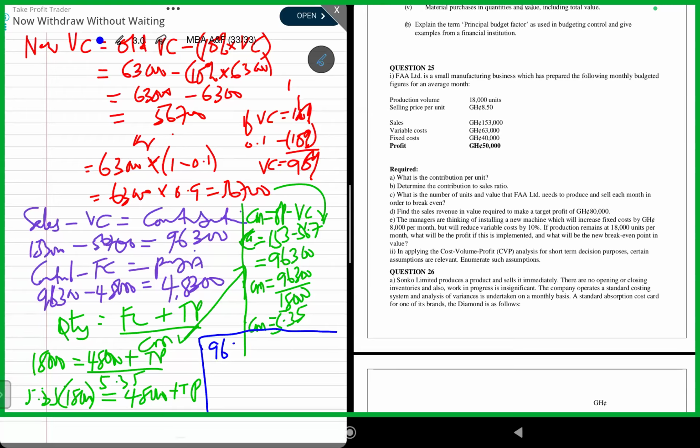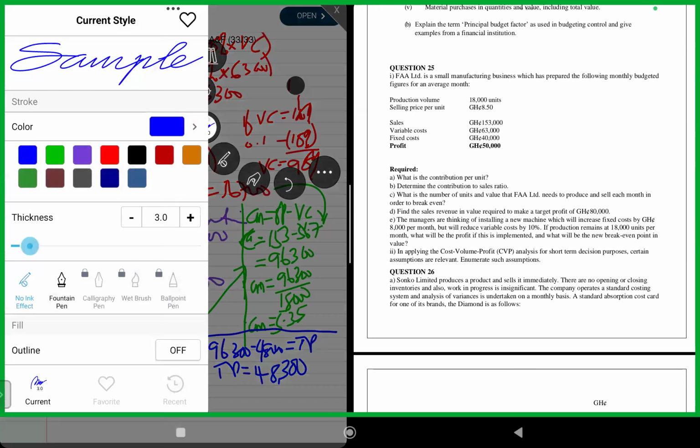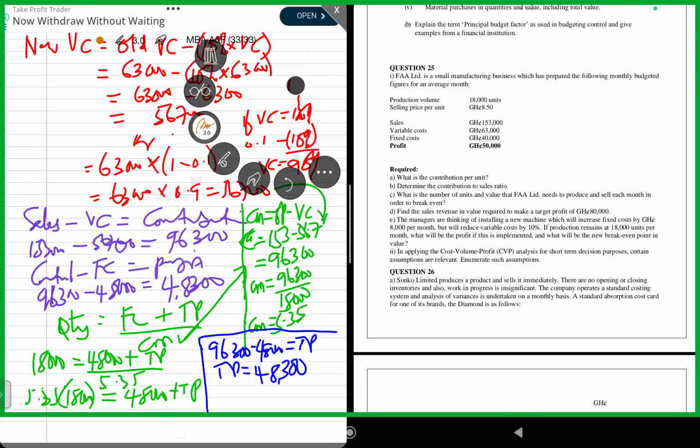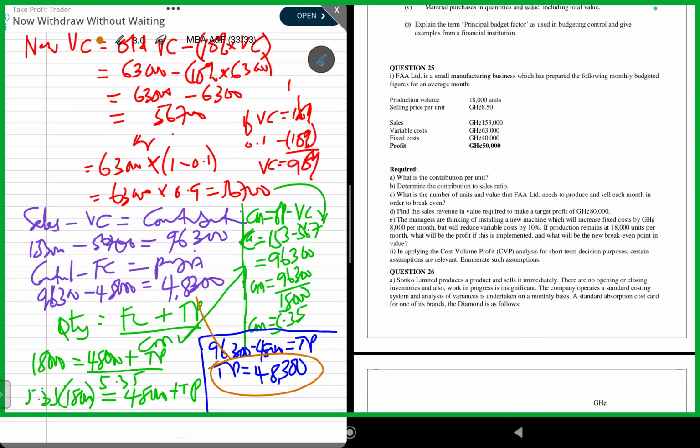So 96,300 minus 48,000 equals the target profit. What's the target profit? 48,300. So you can see it's the same thing. The value here is the same value there. So whichever way you have it, you should be able to solve it.